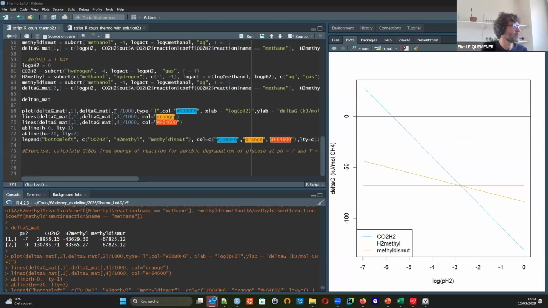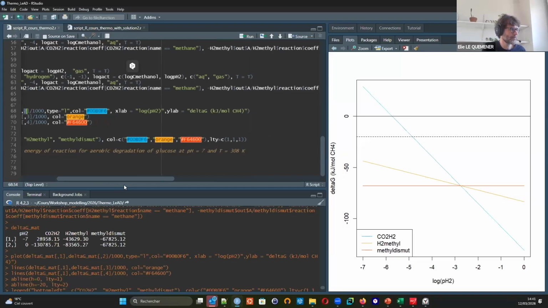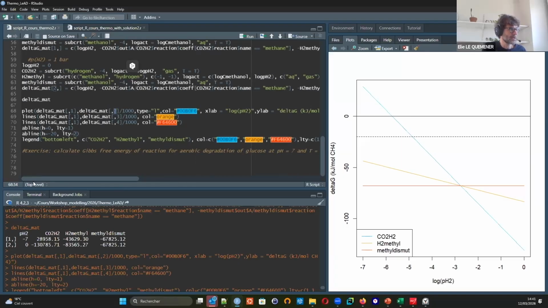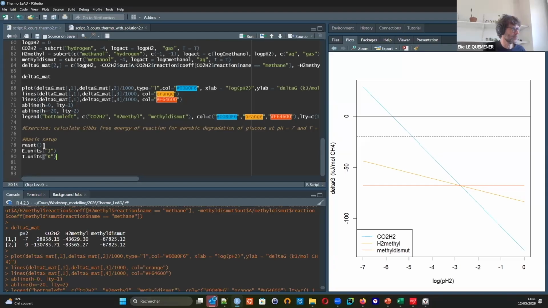So I go back to my script. When you want to compute the Gibbs free energy for the degradation of glucose, the first thing is to define the basis setup. First, we want to reset the setup because we don't want the same setup as before. We define the units, again Joule and Kelvin. Then I write my basis species.